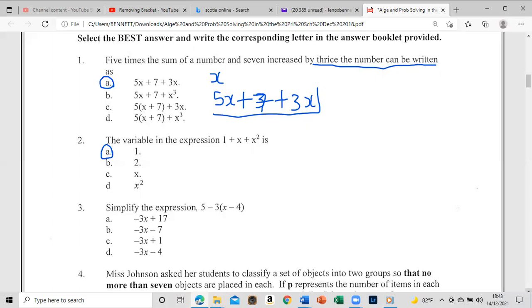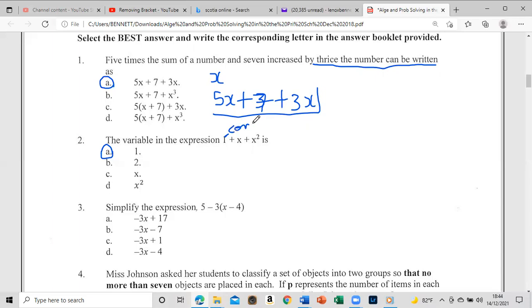Yeah, the number. Sorry, when you ask terms, it would be x squared. All of them are terms, you know. Yes, this is one constant.